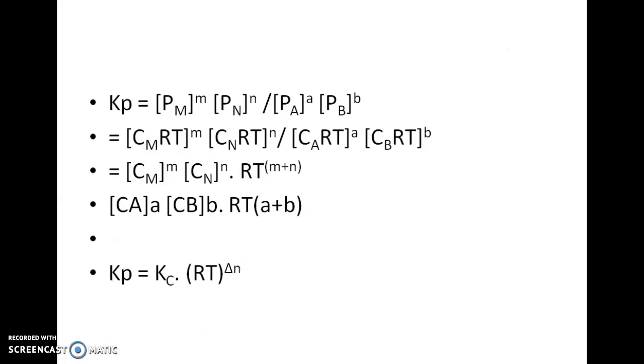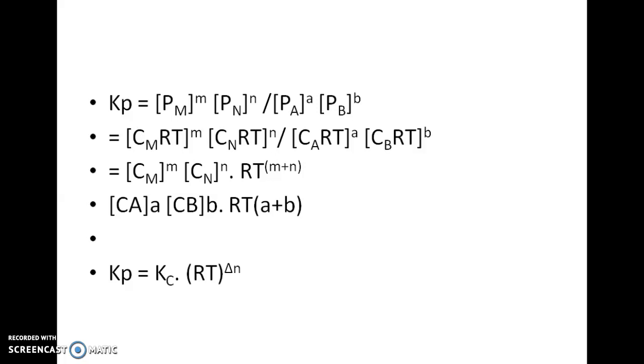For this reaction, if you want to write the expression in terms of partial pressure, it will be given in this form: Kp is equal to Pm raised to m, Pn raised to n divided by Pa raised to a, Pb raised to b. So if Pm, Pn, Pa, Pb are replaced by CMRT, CNRT, CART, CBRT, the expression can be simplified in this manner.